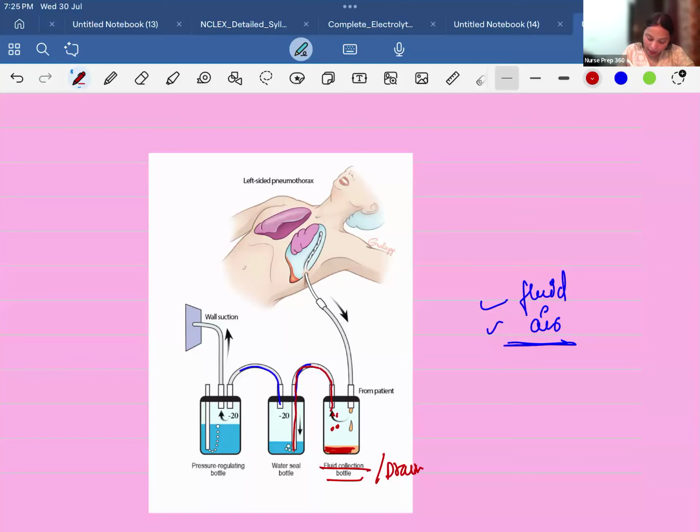Can you see you have sealed it with the water? So it is a one-way channel. Only air can come out, because you have a negative pressure of 22 compared to the atmospheric pressure. If there were more pressure over here, then water would also have moved. But you have maintained such a pressure that it acts as a one-way, so only the air is moving out and water is not going up.